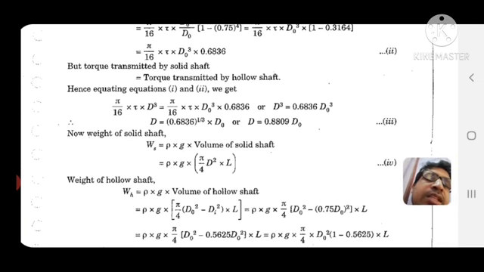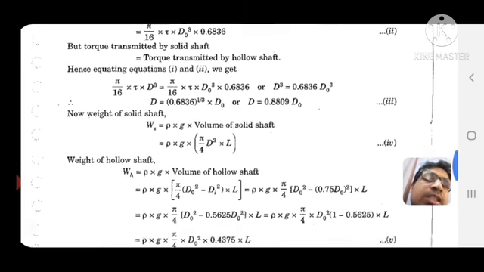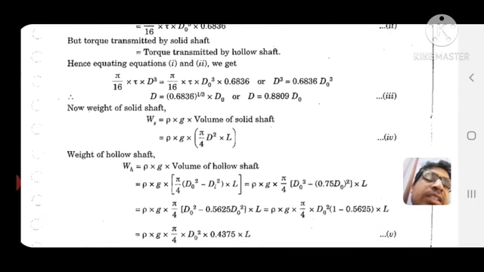Hence equating, pi by 16 into tau into d cube is equal to pi by 16 into tau d0 cube into 0.6836. d cube is equal to 0.6836 d0 cube. d is equal to (0.6836) whole to the power 1/3 into d0. d is equal to 0.8809 d0.